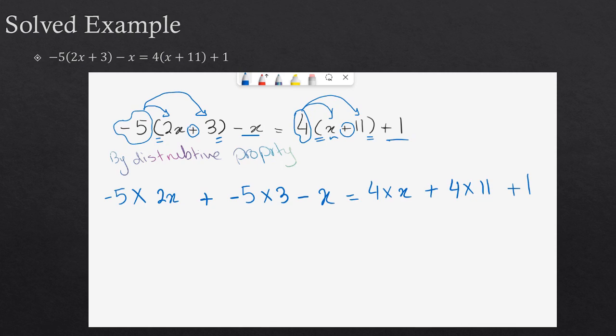Next, we just do some simplifications and do these multiplications. We have minus 5 multiplied by 2 is minus 10, and the x stays as it is.